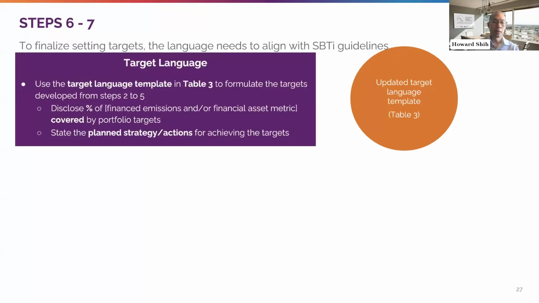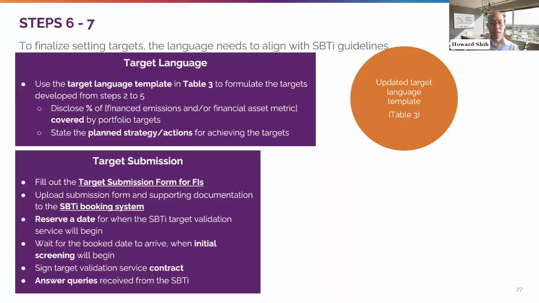They just need to use the template, depending on which target setting method they're using. And then they'll also need to provide 2 other things. One is disclosing the percentage covered by targets.